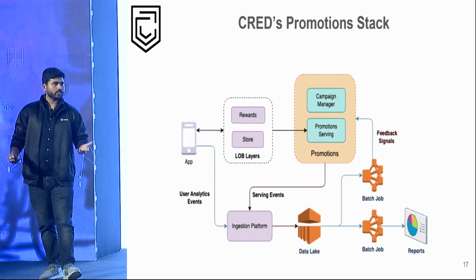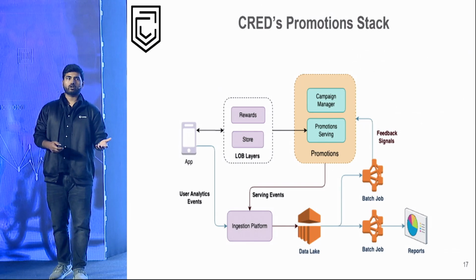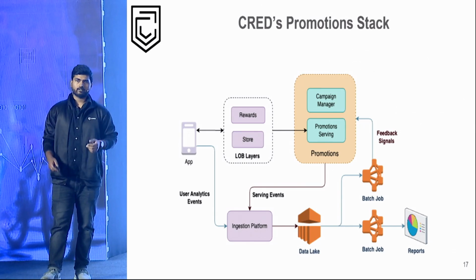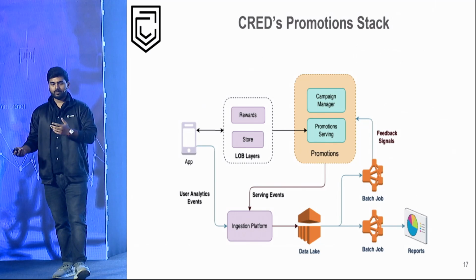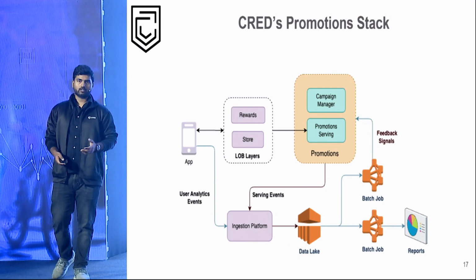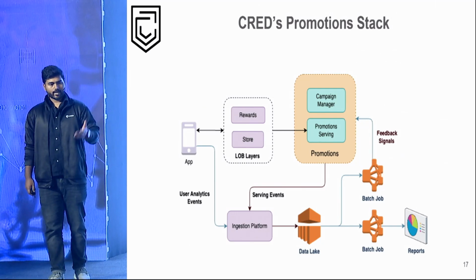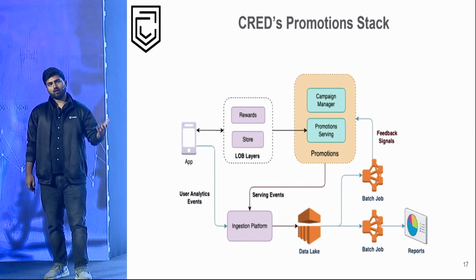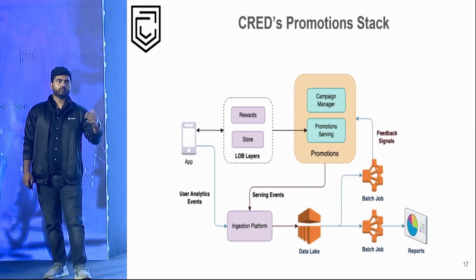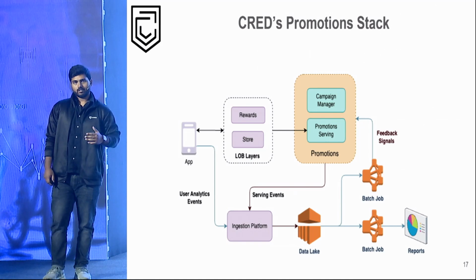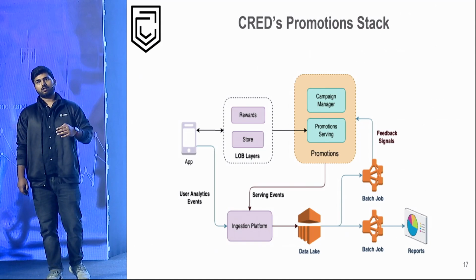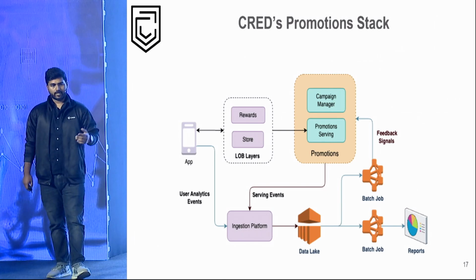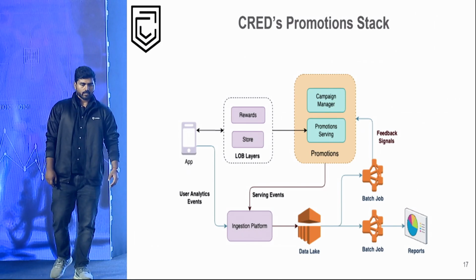If you're on the rewards page, the rewards in itself is one line of business, which caters to offering vouchers and cashbacks if you play games and whatnot. The store is another LOB. So we have a number of LOBs. All of them have some space or capability to personalize the content for the user. And some part of that is revenue catering, where we would like to promote certain content on those pages, and that is powered through the promotion stack.